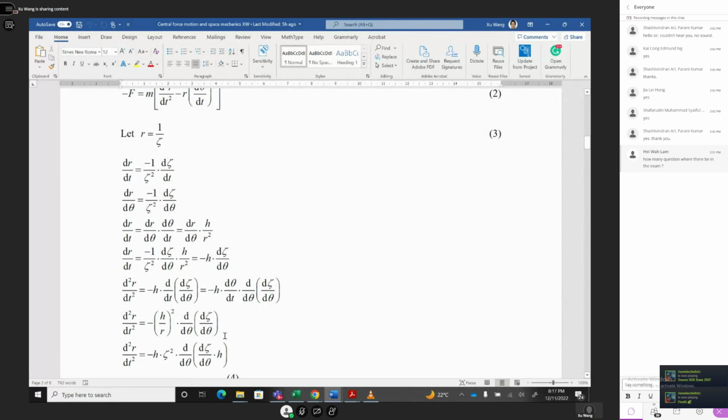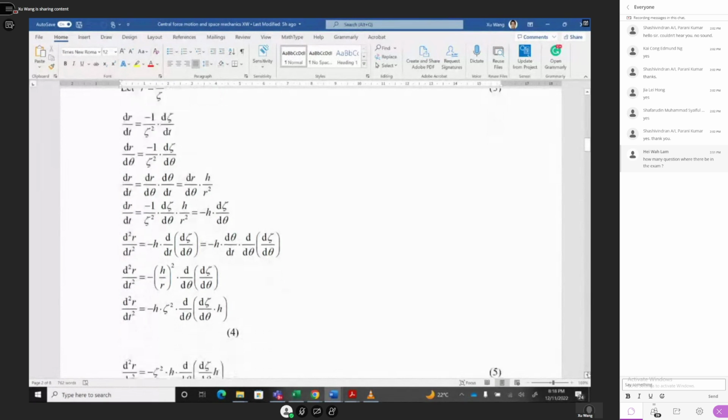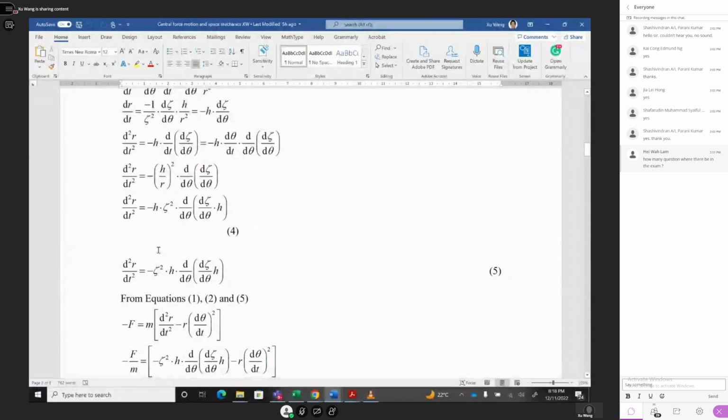After that, you have h squared outside, and 1 over r squared equal to cos² ψ, because r equal to 1 over cos ψ. So with another h put inside the same thing, that's why h squared. This 1 over r squared becomes cos² ψ.